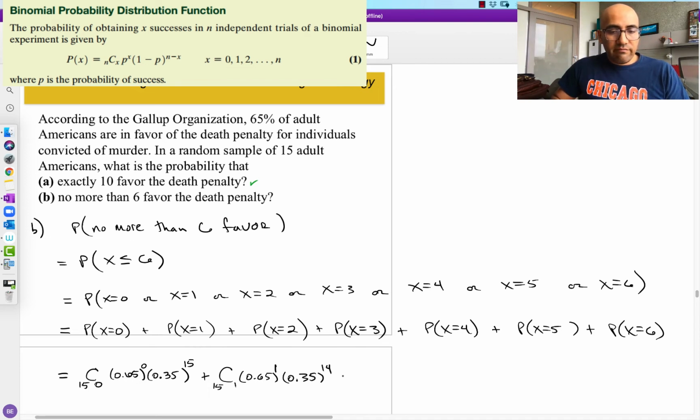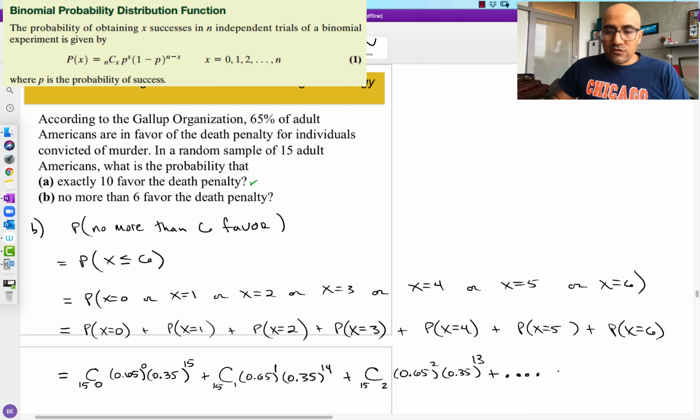2 down, 5 to go. Probability of combinations, choose 2, 0.65 to the power of 2, 0.35 to the power of 13, right? So if there were 2 successes, there must be 13 failures. Okay, let's just jump over to the end, dot, dot, dot. We see the pattern.